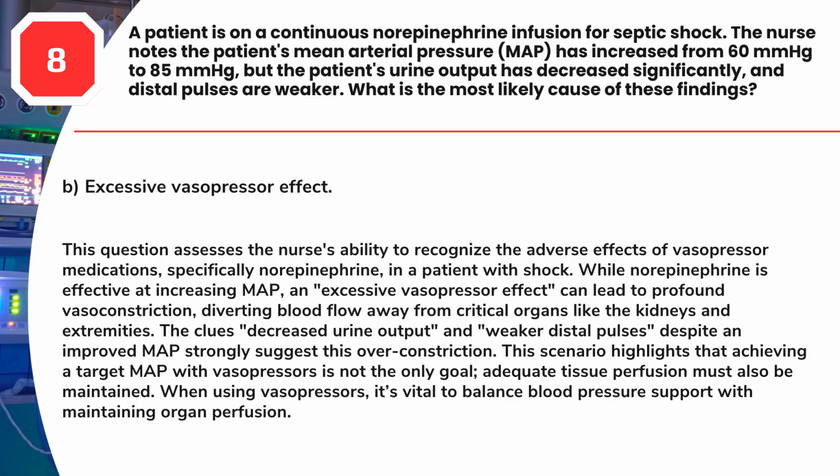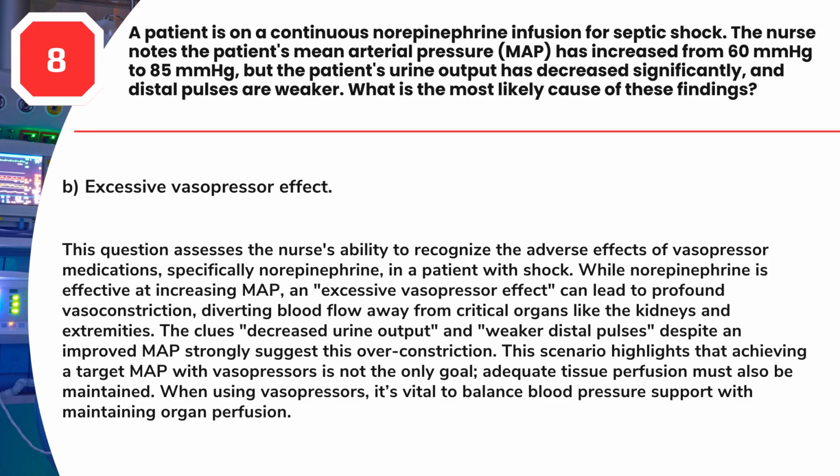This question assesses the nurse's ability to recognize the adverse effects of vasopressor medications, specifically norepinephrine, in a patient with shock. While norepinephrine is effective at increasing MAP, an excessive vasopressor effect can lead to profound vasoconstriction, diverting blood flow away from critical organs like the kidneys and extremities.